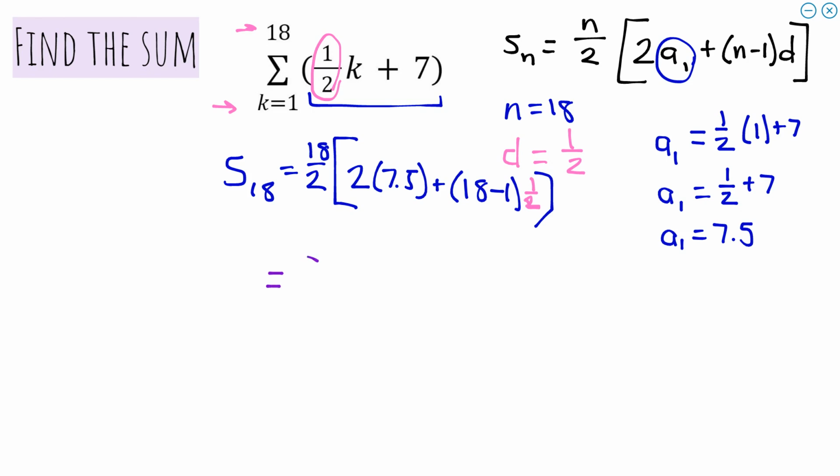So what this is going to give us is 9 times our values here. 2 times 7.5 is actually going to be 15. Plus our 18 minus 1 is 17. 17 divided by 2 is going to give us 8.5.